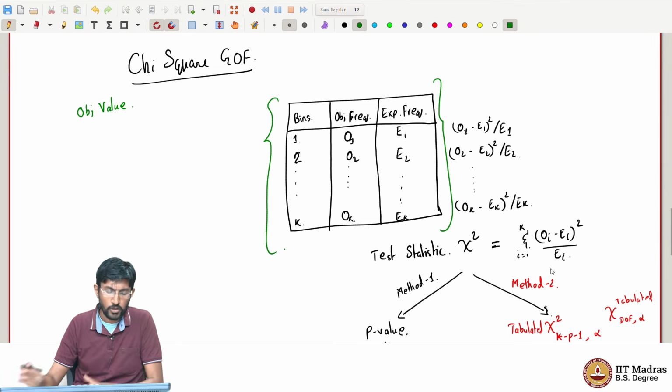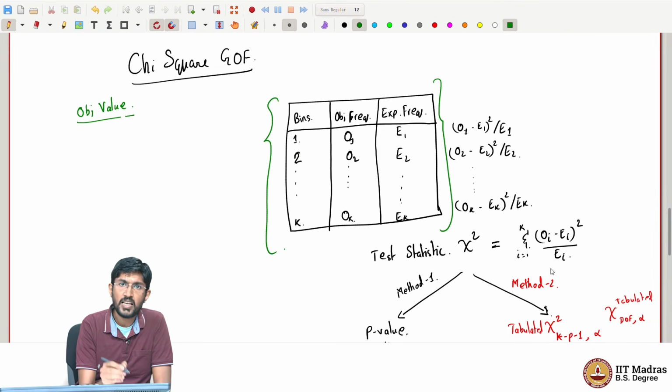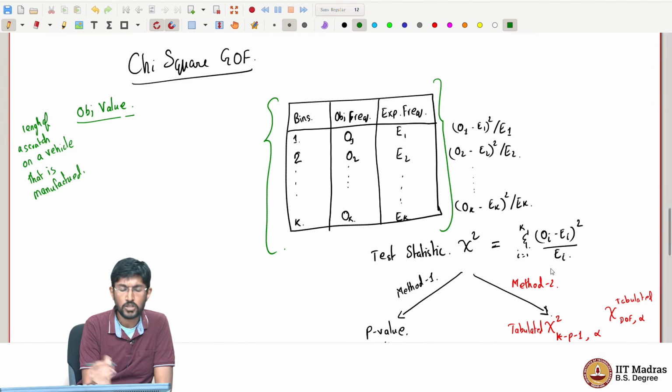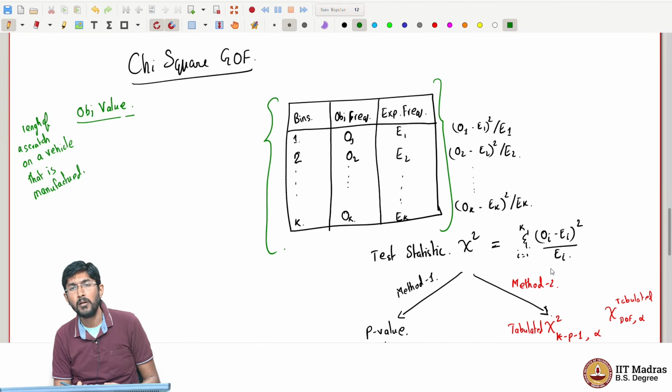So, in our tutorial, let us say we are measuring the length of a scratch on a vehicle that is manufactured. So you are going to manufacture a vehicle, and during the manufacturing process, let's say scratches happen, and you are going to measure the length of the scratch.